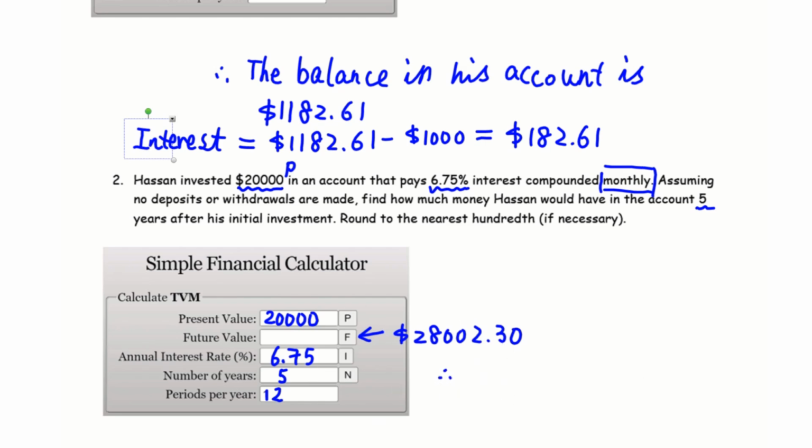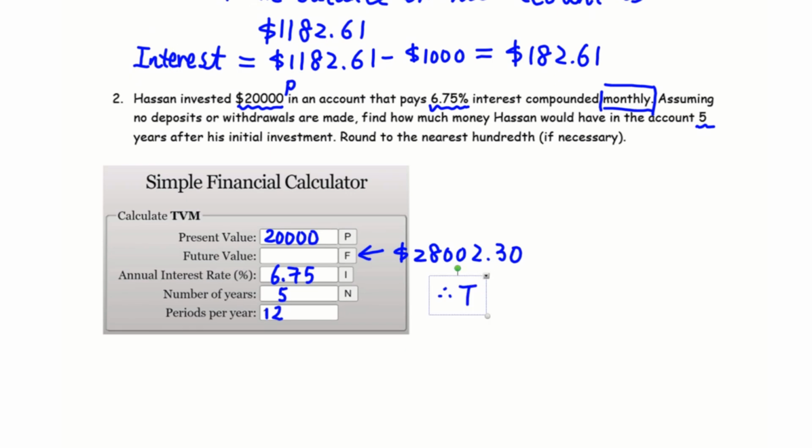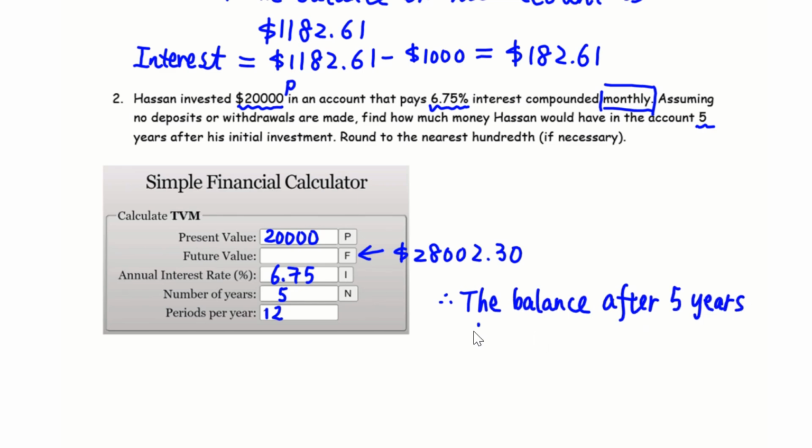So therefore, the balance after 5 years is $28,002.30. The interest is actual money. At the very beginning, he has 20,000 only.